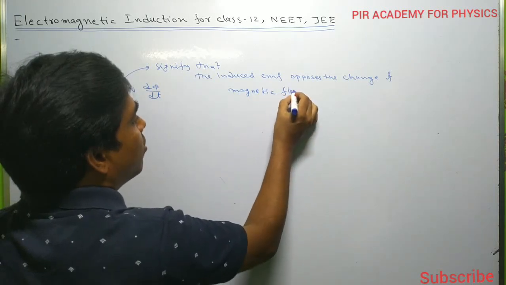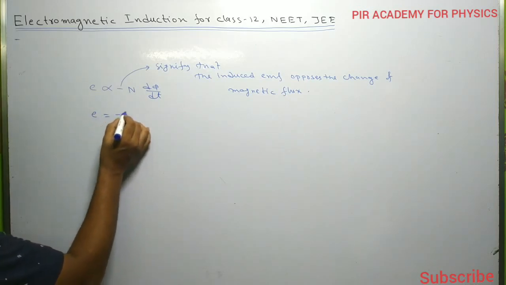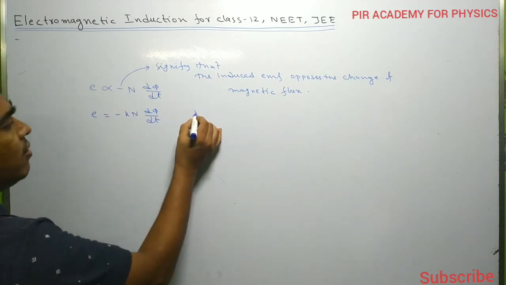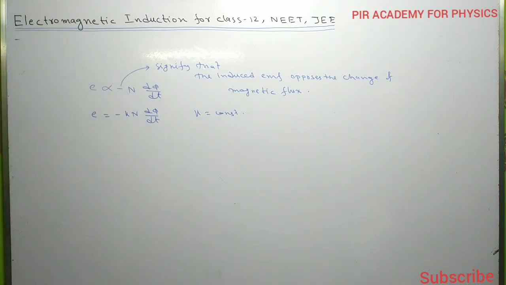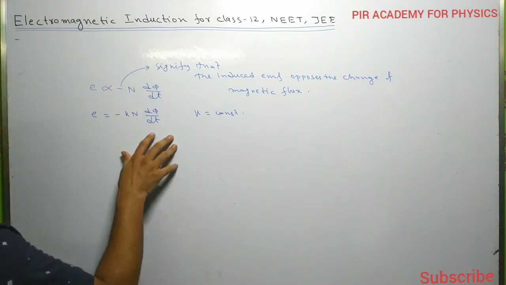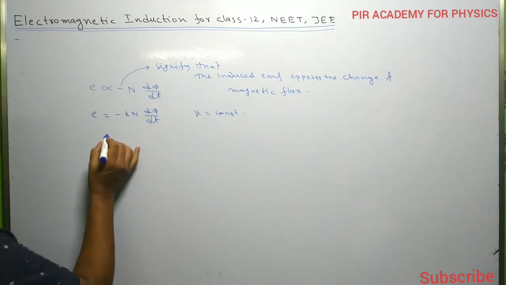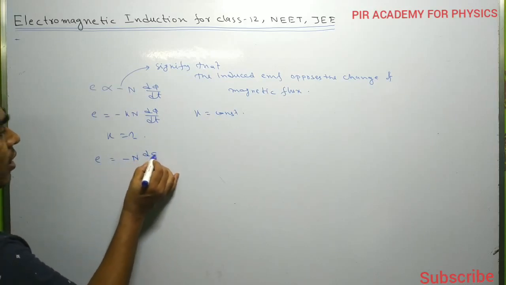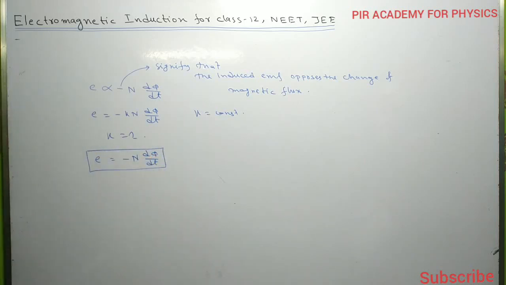Now E equals minus K N d phi by dt, where K is a constant. Here the units of d phi by dt and E are taken in such a way that K will be 1. So E equals minus N d phi by dt. This is Lenz's law of electromagnetic induction.